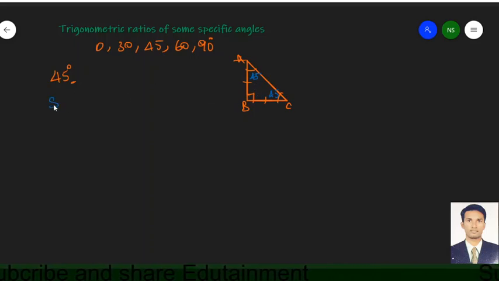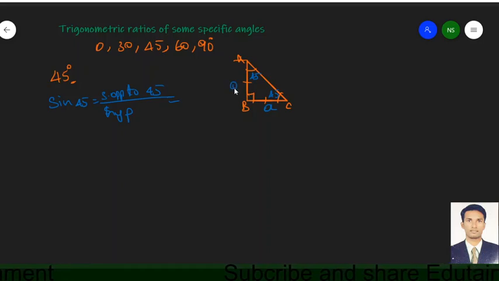Now we can find sin 45 very easily. Sin 45 is the side opposite to 45 degrees divided by the hypotenuse. We did not assume anything here, so we can assume the side as A. Then we will get AC by using Pythagoras theorem, A square plus A square, so we will get root 2A.